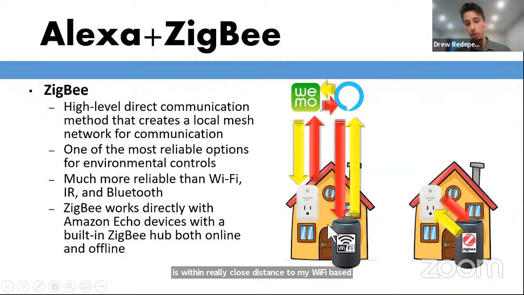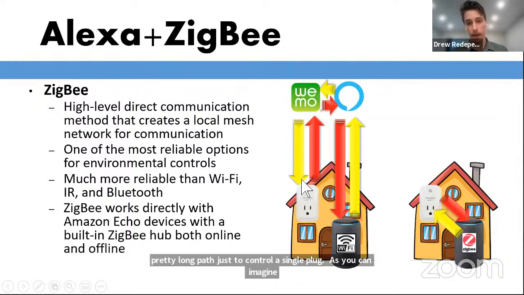When I say Alexa, turn on plug, and I'm controlling a Wi-Fi based plug, that signal goes up to the Alexa server over Wi-Fi, over to the Wemo server if I'm using a Wemo plug, and then back down to my Wemo plug. As you can see, this is a pretty long path just to control a single plug. As you can imagine, there's a lot of things that can go wrong in this path, so it's not really reliable.